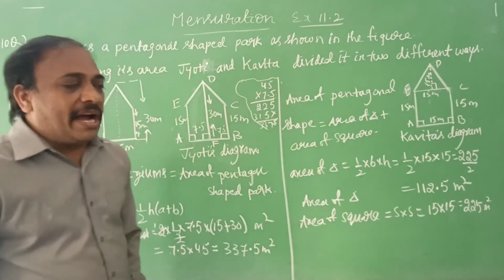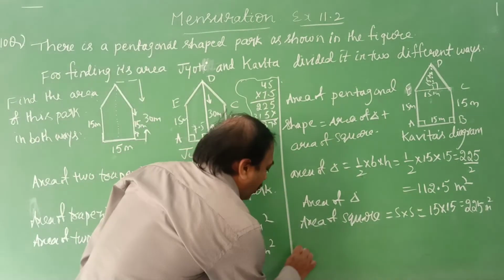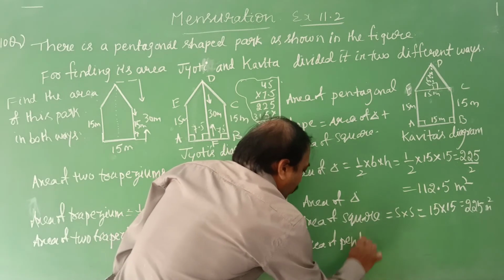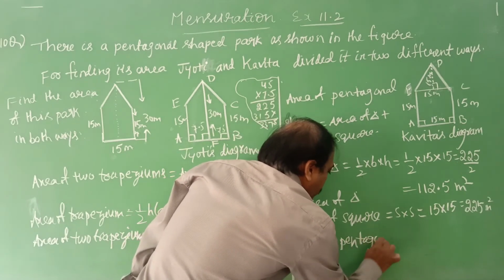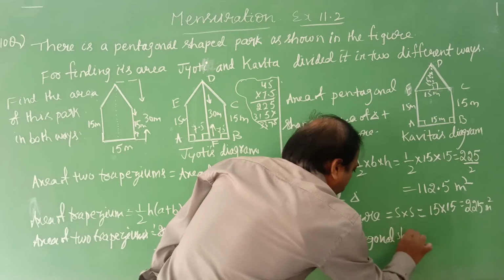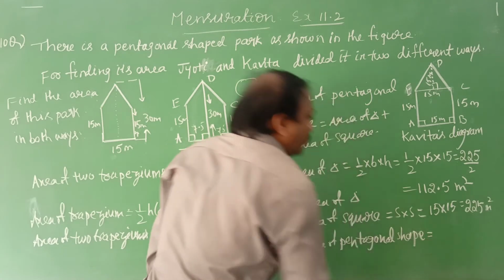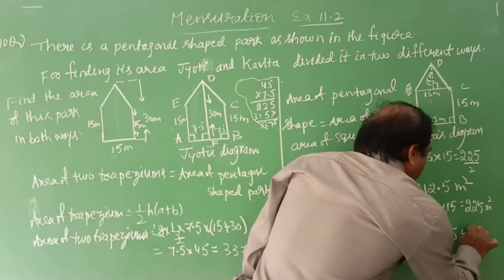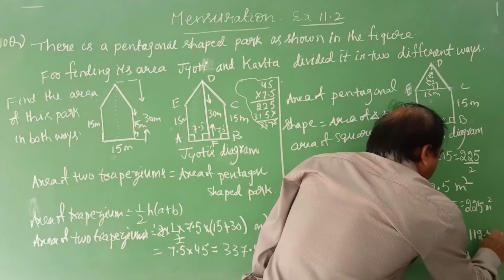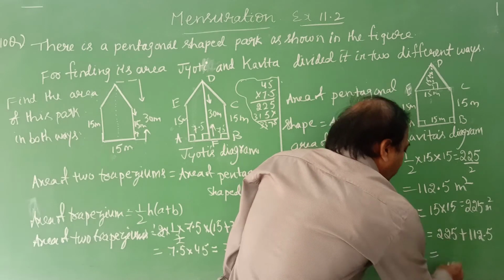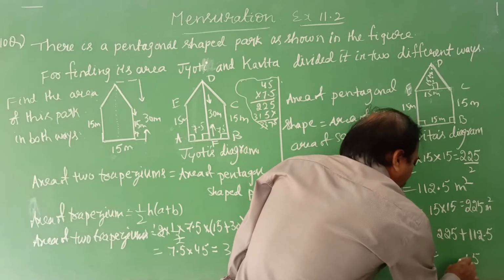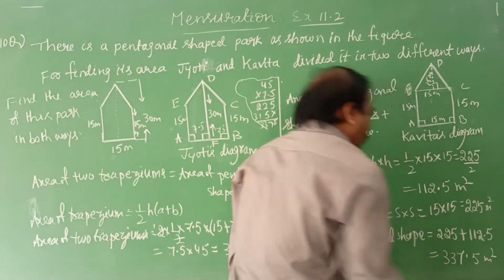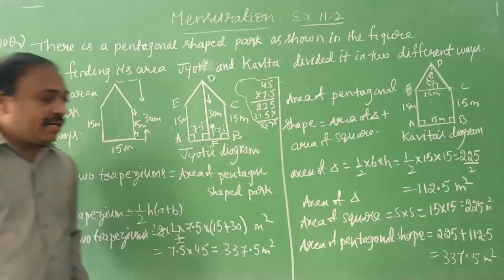Now if you add both, area of the pentagonal shape is equal to 225 plus 112.5, which will give you 0.5, then 5 plus 2, 7, 337.5 meter square.